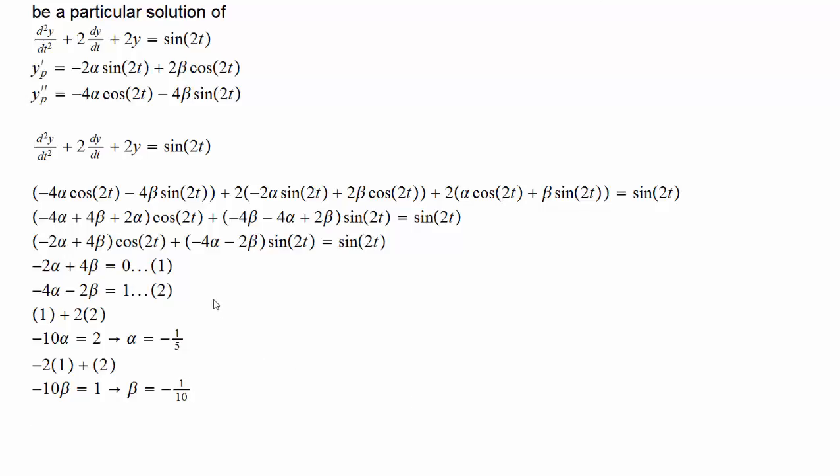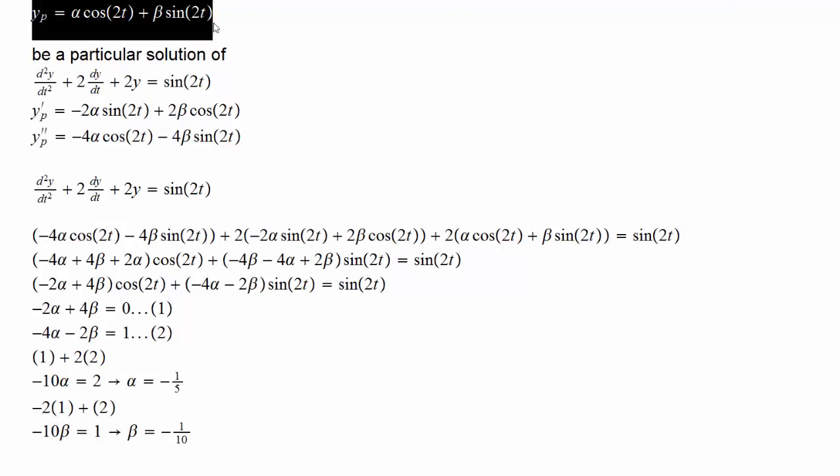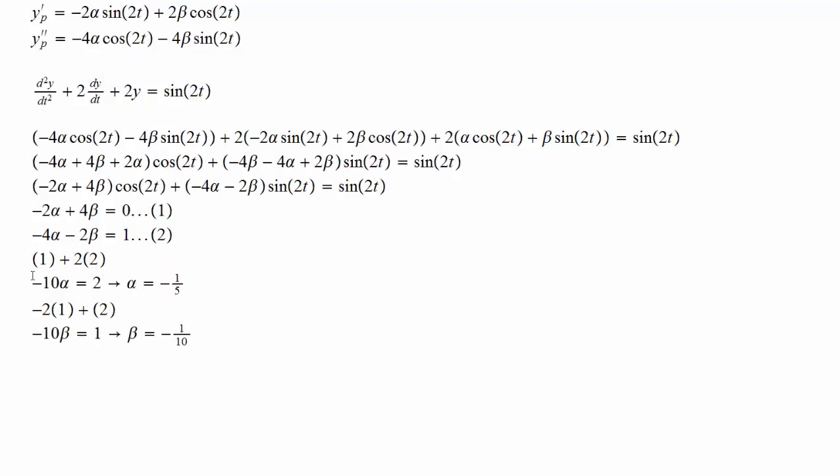So what is my particular solution? Let's get our assumption back from here. Negative 1/5 times cosine 2t, because the coefficient of cosine 2t is alpha, and then again negative 1/10 sine 2t.